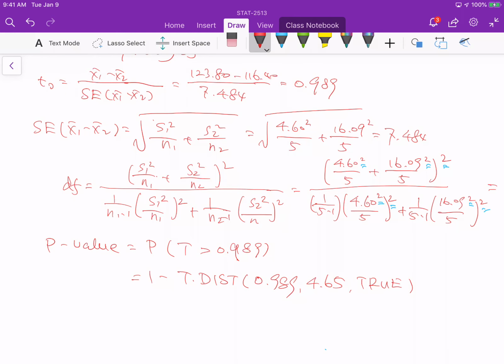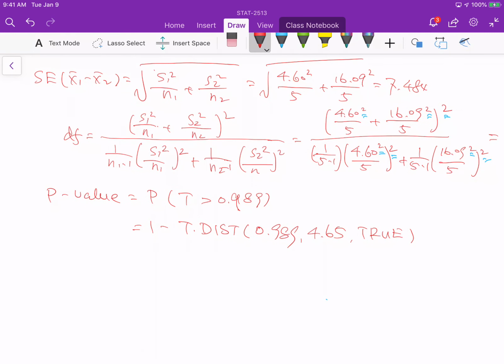Again, you can get a confidence interval. The 95% confidence interval will be x1 bar minus x2 bar plus or minus the critical value times the standard error. We can read x1 bar and x2 bar from the problem: 123.8 minus 116.4 plus or minus.